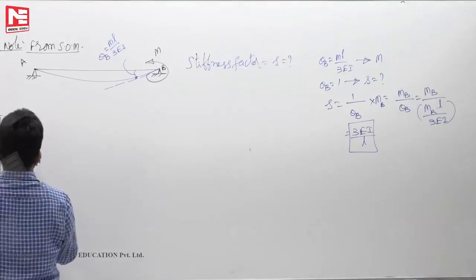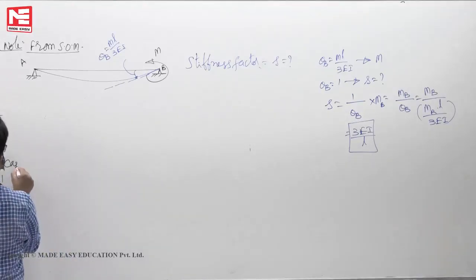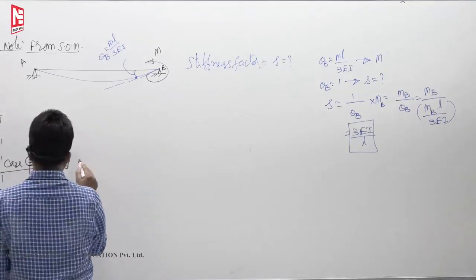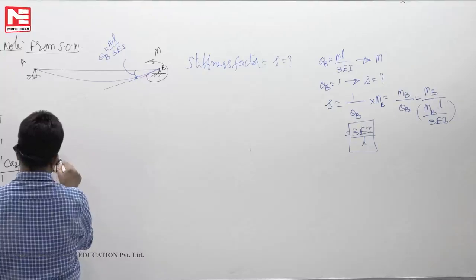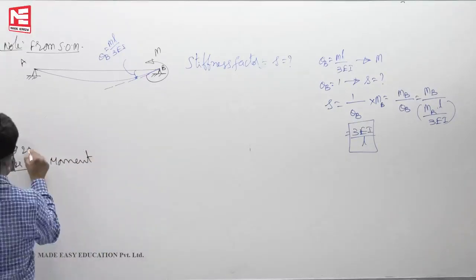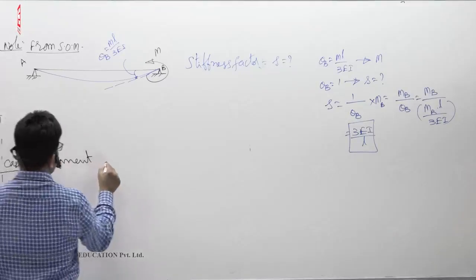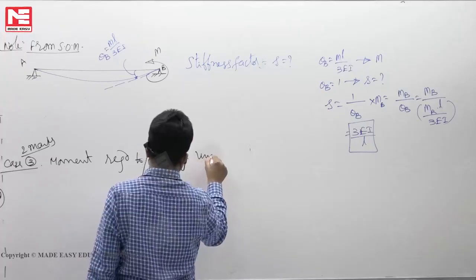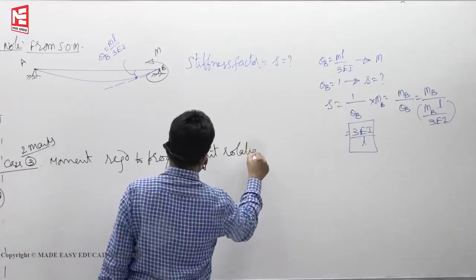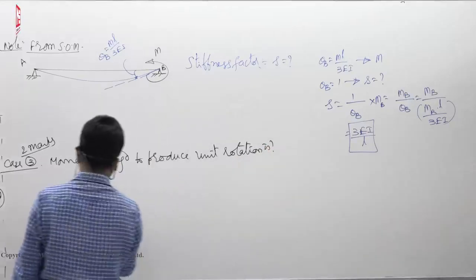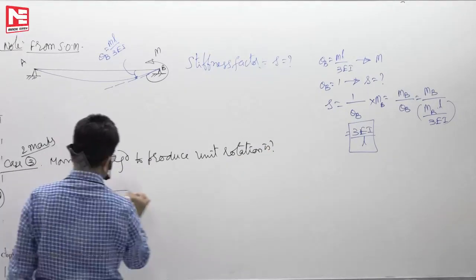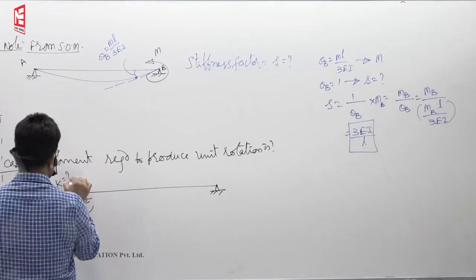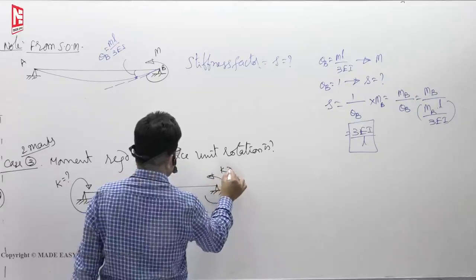Next, case 3. Supposing that once they asked this 2 marks question: the moment required to produce unit rotation is, instead of M, they have simply given K. K is how much?